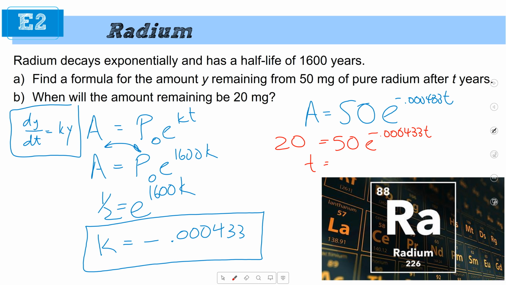More or less than 1600? More, right. 25 would be at 1600. Any more disappearing would be greater than 1600. Remember, isolate the exponential first, divide both sides by 50. Take the natural log of both sides, plug and chug.